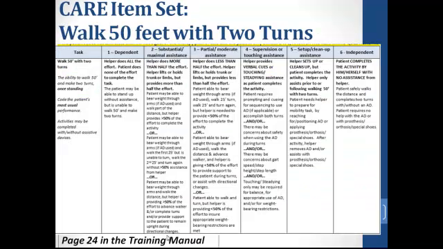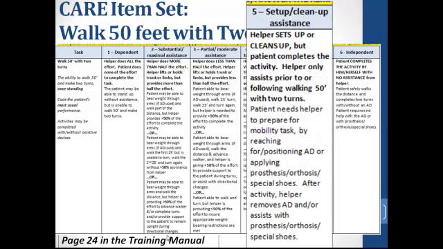The rating scale is on page 24 in your manual. For this item, a rating of 5 would be given if the patient only needed the helper to prepare them for the task, such as by positioning the assisted device in reaching or applying a special shoe or orthotic or prosthetic.